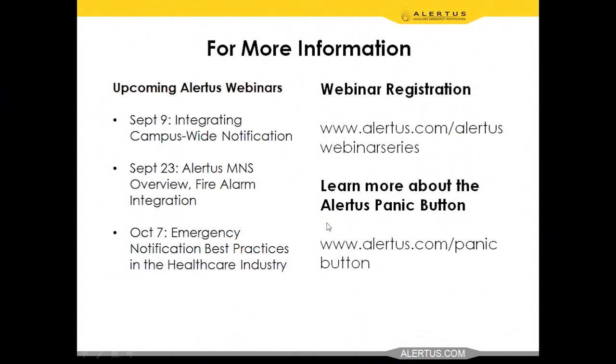Rob's follow-up question, does the panic button have a lip around it or other way to prevent accidental activation? Absolutely. This version, the button that you saw, is a little bit raised. There's a version that can be ordered that's flush with that. The hardwired panic buttons have a clear cover on them so that they're not accidentally activated.